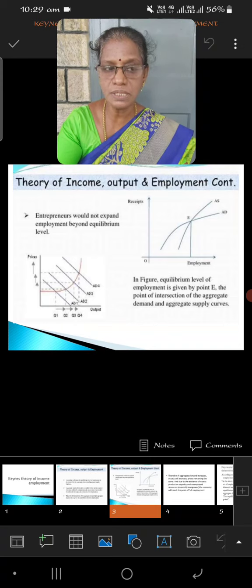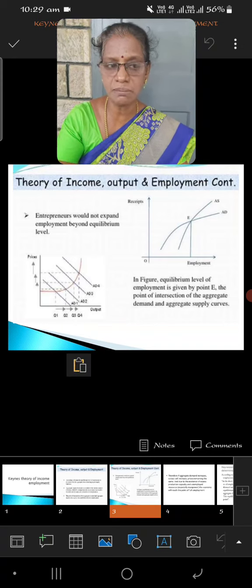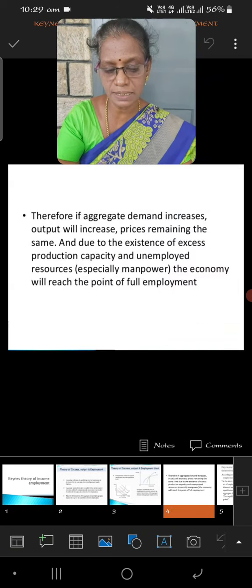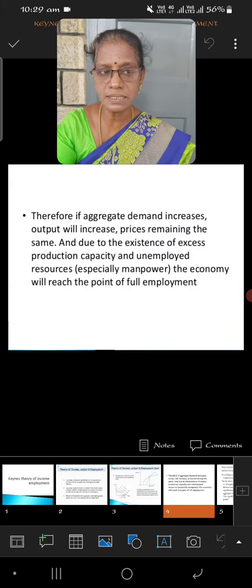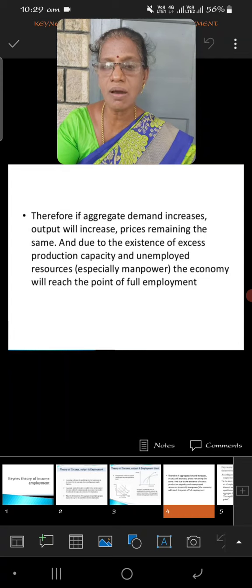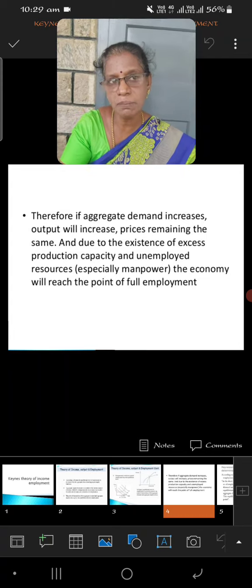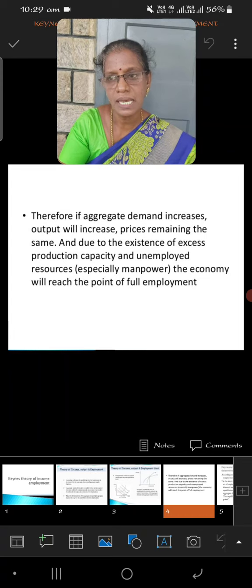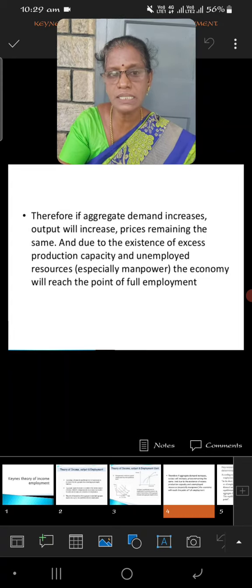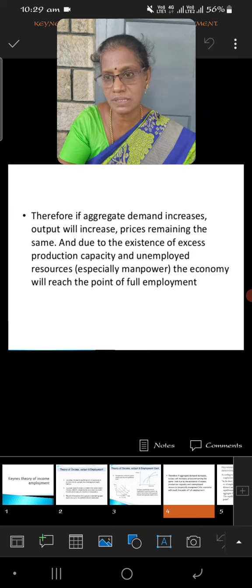Here we are going to discuss what is meant by aggregate demand and what is meant by aggregate supply. Aggregate demand, in the sense, the entrepreneurs or industrialists want to appoint laborers, they will provide employment opportunities. After getting the employment opportunities, income will be generated. The income will be spent on what? Consumption of goods and services. This is called aggregate demand.